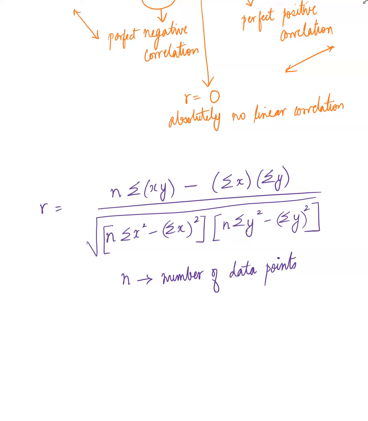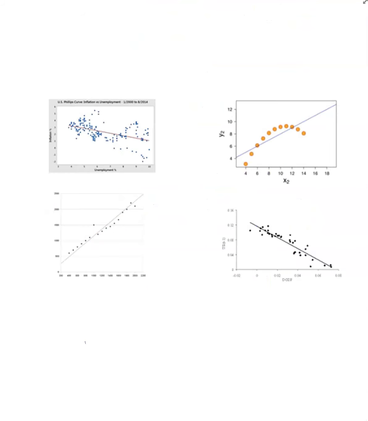I want to show you how correlation coefficients can be discussed in terms of their strength. So look at this screenshot here. I have 4 of these graphs. Now which one would you think has a correlation coefficient with a value closest to positive 1, meaning very strong positive correlation?